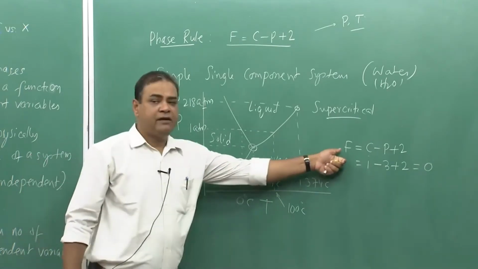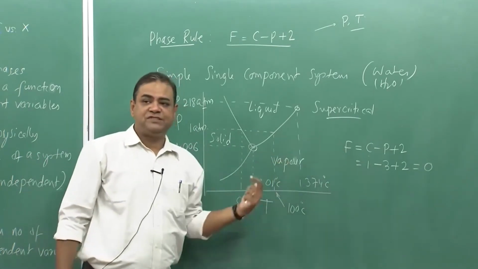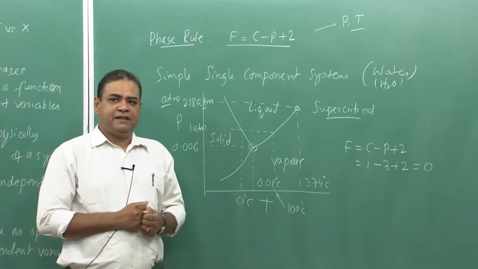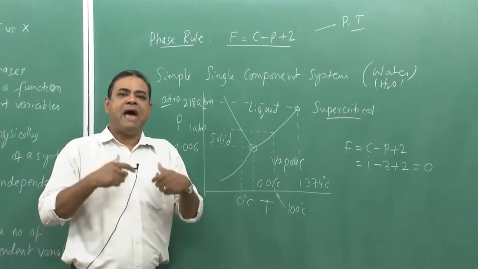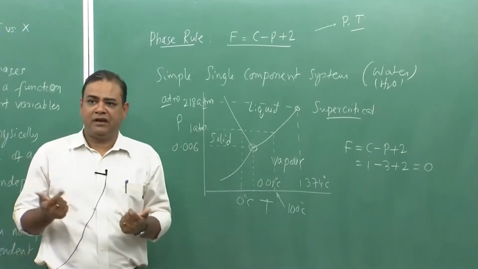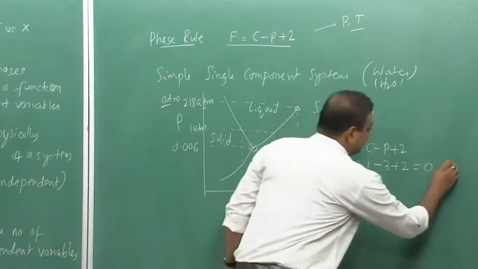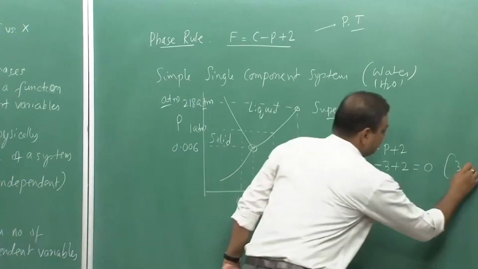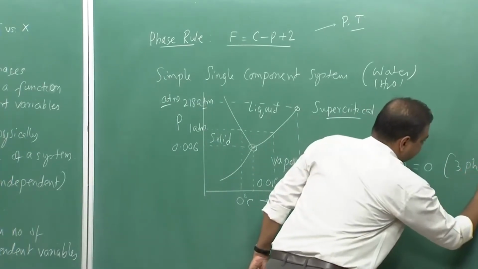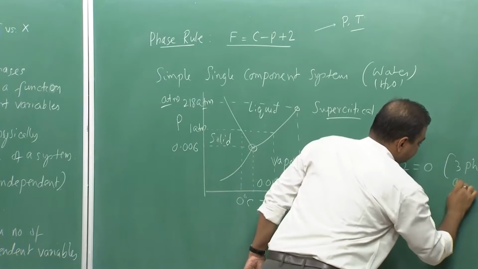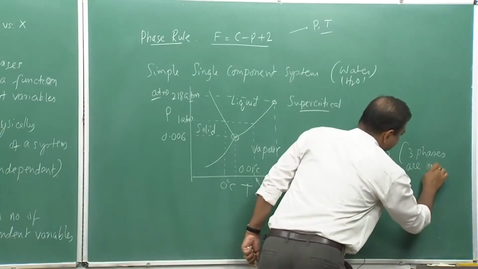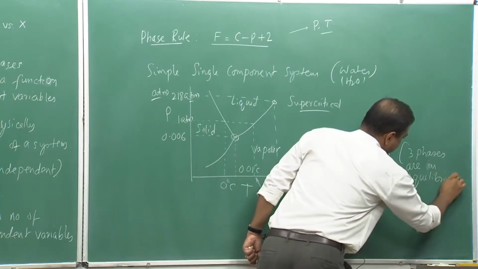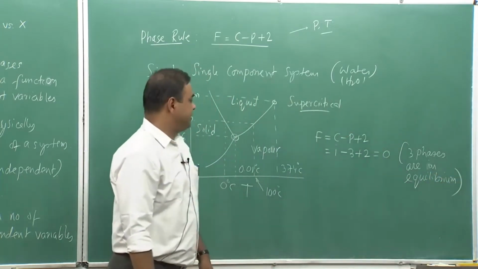Whenever we have the F value to be 0, which is the minimum value possible for F, that suggests the maximum number of phases in equilibrium. So, at that time, there are 3 phases in equilibrium.